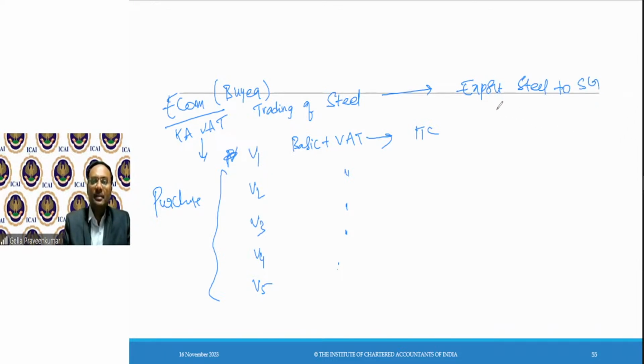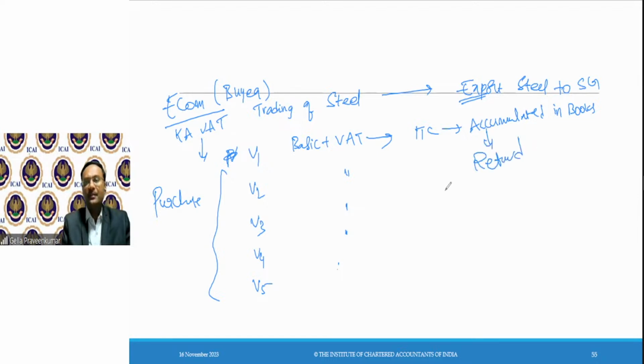For exports, there is no rate of tax. So this input tax credit is accumulated in books. Because there was an export, ECOM is entitled to a refund of this accumulated input tax credit.